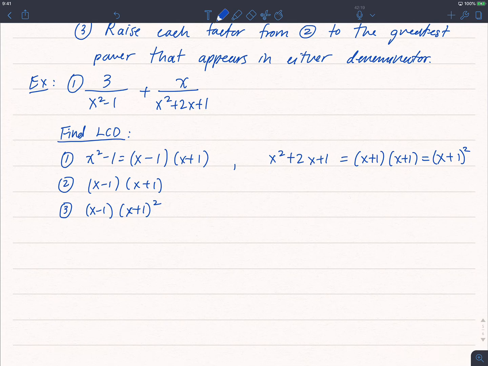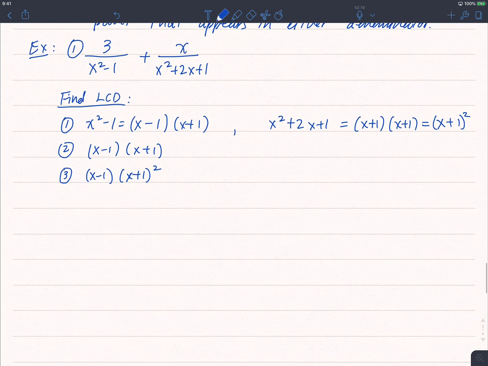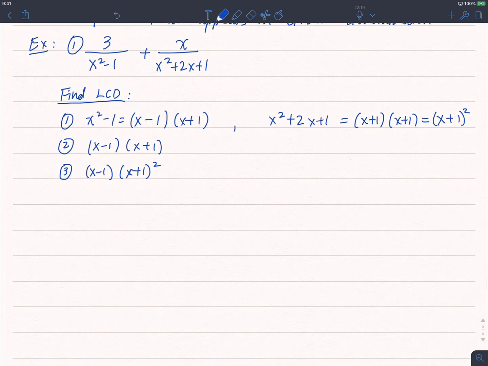And so the next step is, again, similar to what we do when adding two rational numbers, two fractions of just numbers with no variables. We are going to multiply the first fraction by a fancy number 1, so that the denominator of the first fraction matches our LCD.